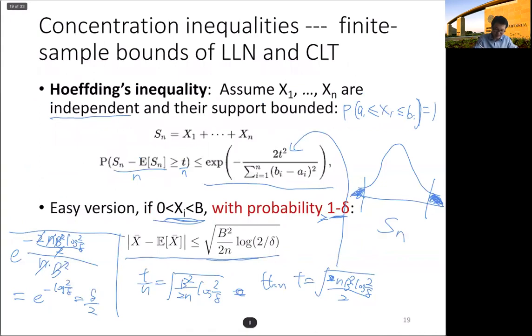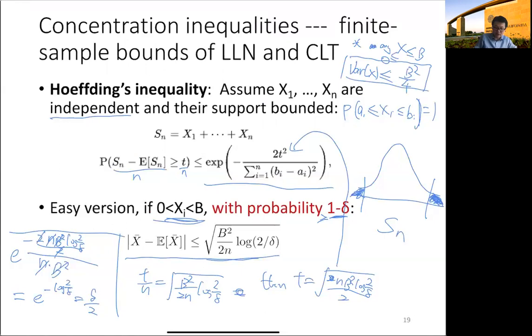This is also nice because for any random variable satisfying that it is, say, between 0 and b, the variance of this random variable is always smaller than b squared over 4. This is a universal result that applies to any bounded random variable.